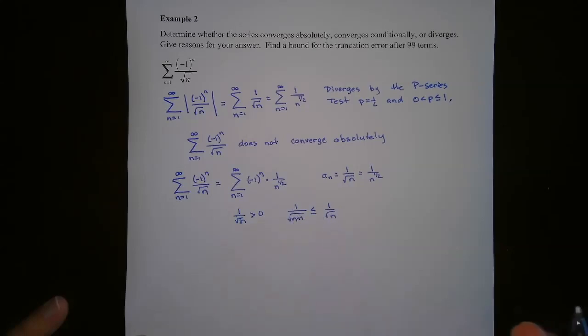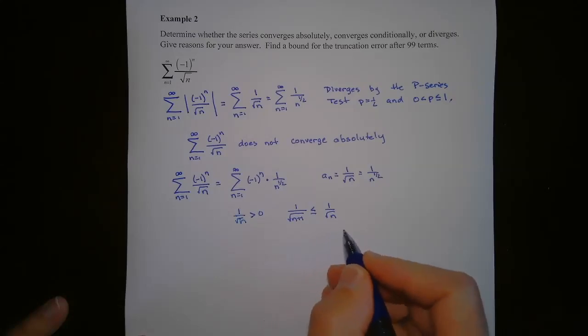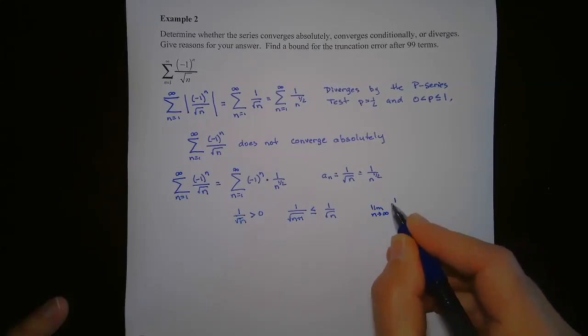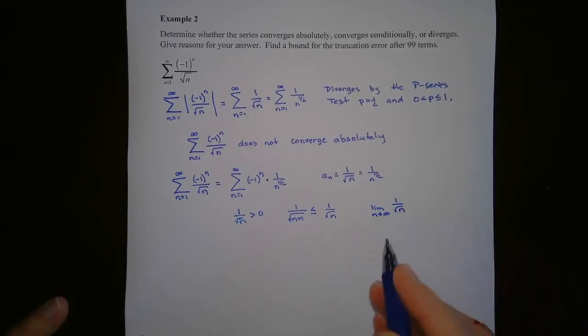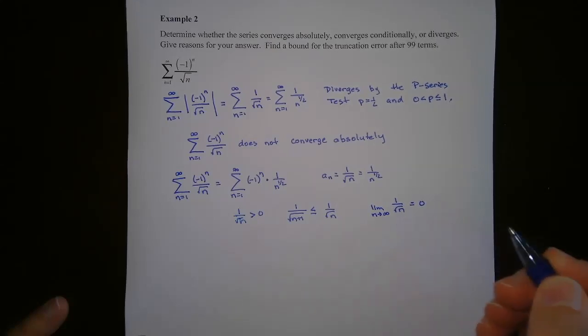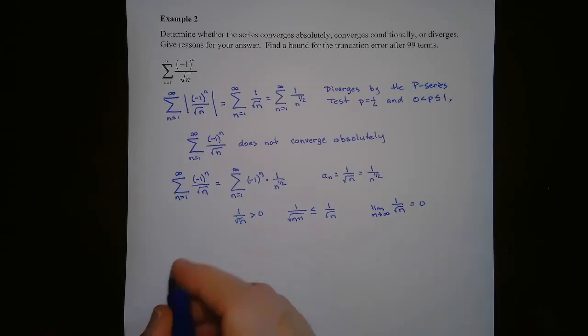So we've established that a sub n plus 1 is less than or equal to a sub n. And then we also have to do the limit as n goes to infinity of 1 over the square root of n. That's going to go to 0, because the denominator keeps getting bigger and bigger. So what do we know? We know this series now converges by the alternating series test.